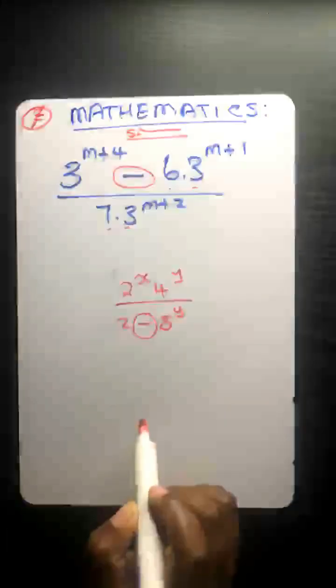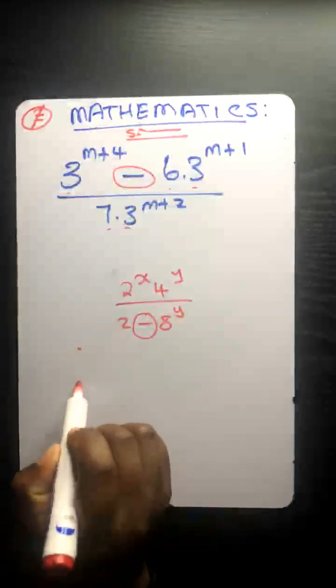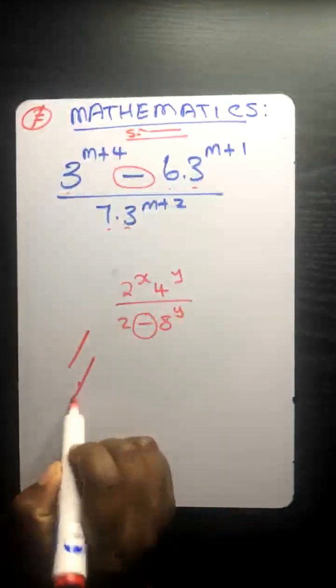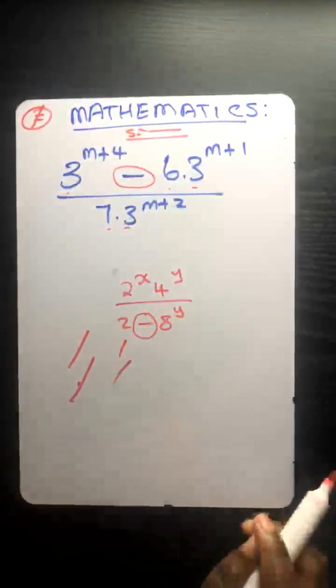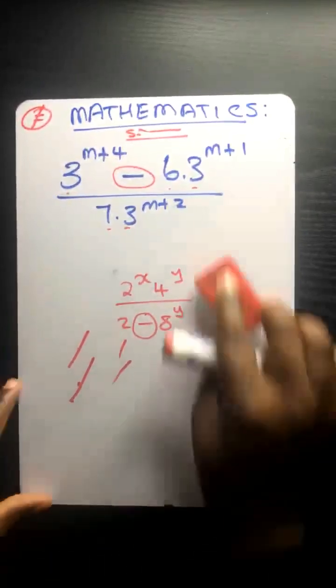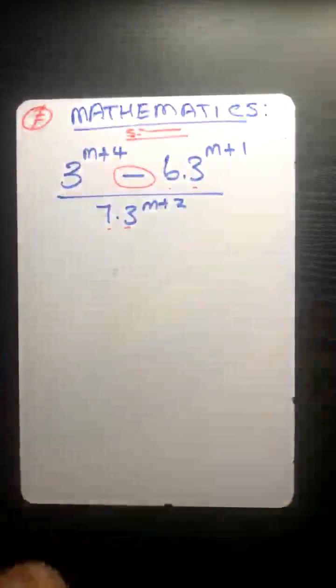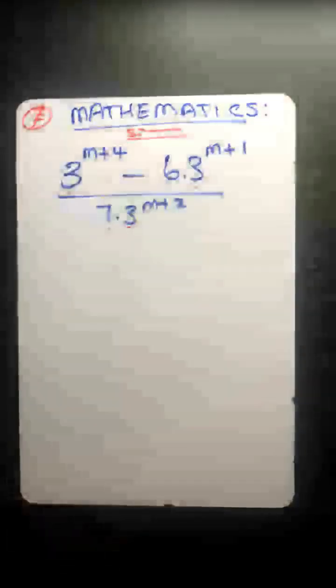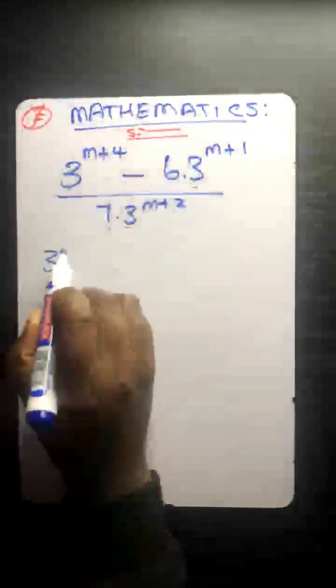For the fact that you have that sign, just know you're going to take out something as a common factor, and then things cancel each other out. Just be aware of that. So for that reason of having a plus or a minus, you already know you're going to take out something as a common factor. That is why you're going to expand all of that and now write it as that.